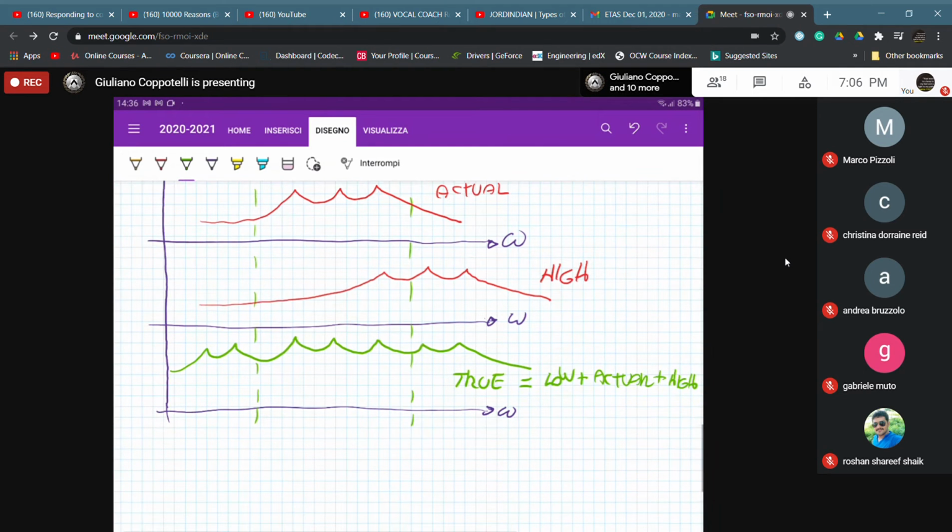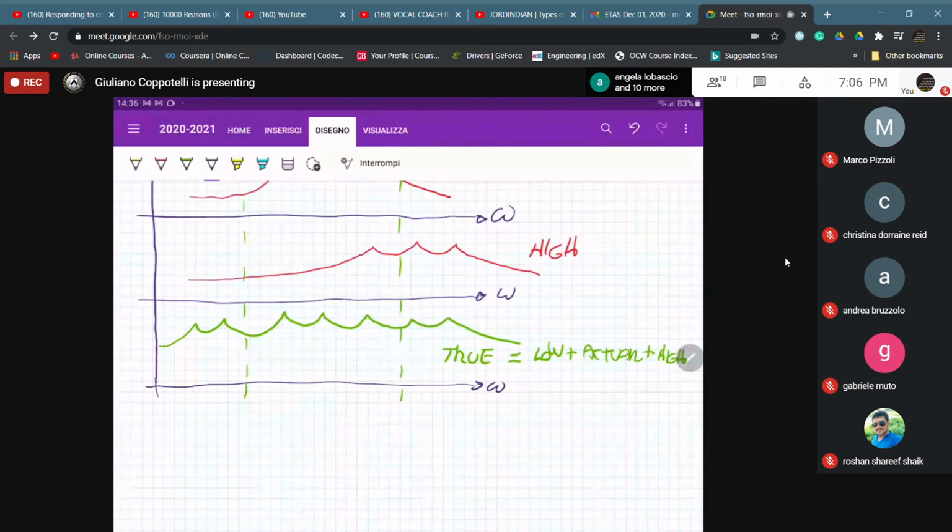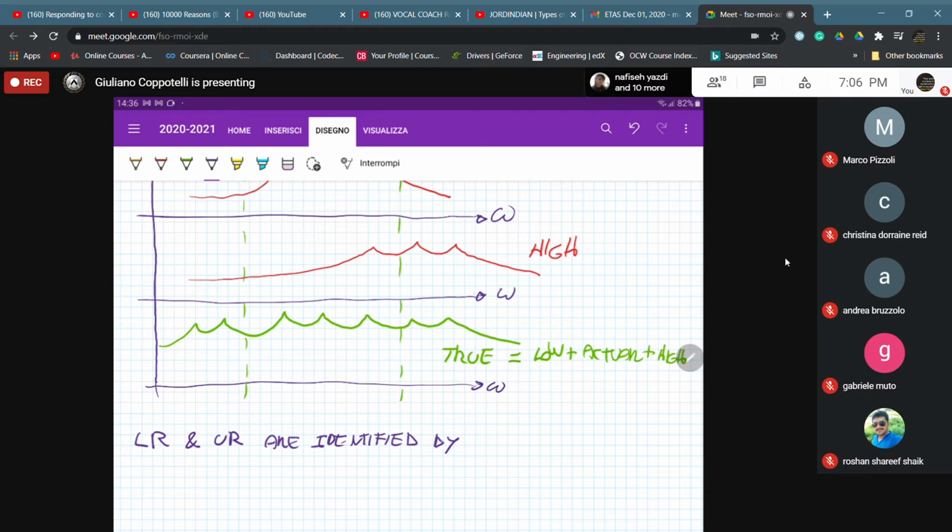Okay, just a last word on these residual terms. Both the lower residual and the upper residuals are identified by an iterative procedure.